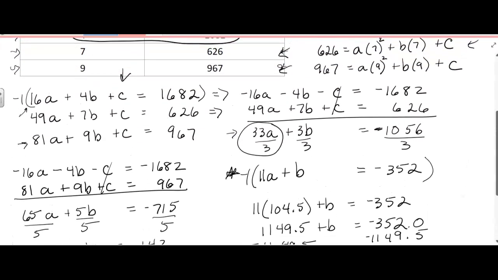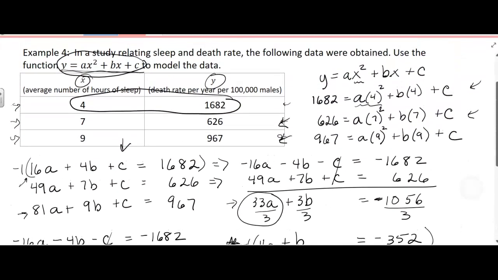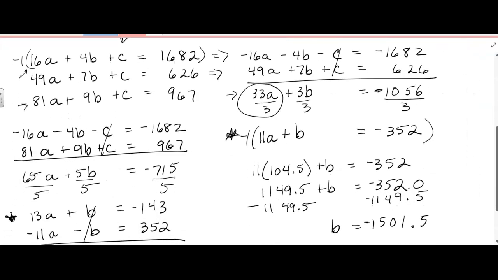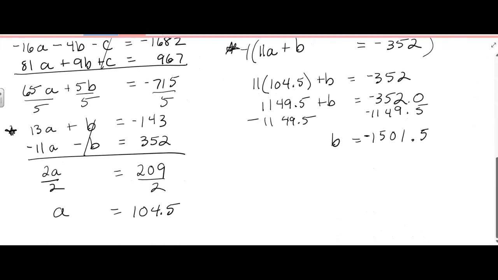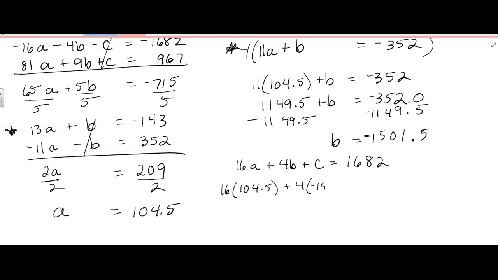Now, the best thing to find c would be to take the very top equation with the smallest numbers. So it was this equation right here with the 16a and the 4b and the c. Okay, so 16a plus 4b plus c equals, it was 1,682, I think. Okay, so what was a? 104.5. What was b? Negative 1501.5.